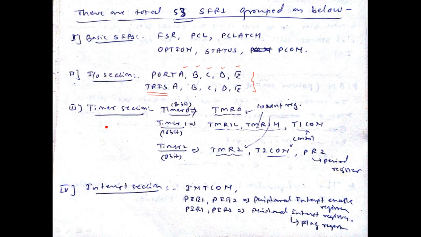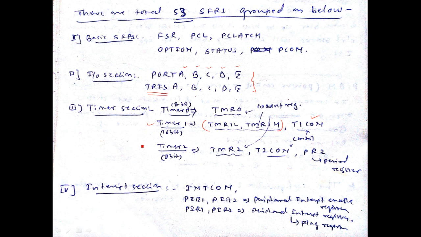For example, for the timer section, this microcontroller has in all 3 timers, timer 0, timer 1 and timer 2. And every timer has its own set of SFRs. For example, if you consider timer 1, then there are 2 registers which are count registers which can hold a 16-bit count. This is a 16-bit timer. And 1 register is there which is used to control the operation, the timer 1 control register.